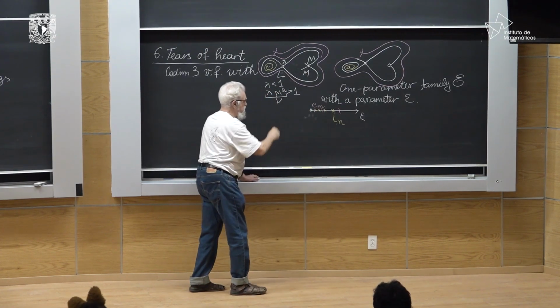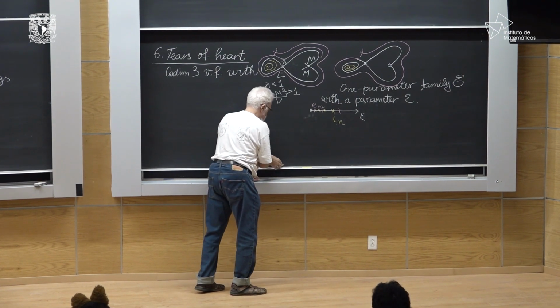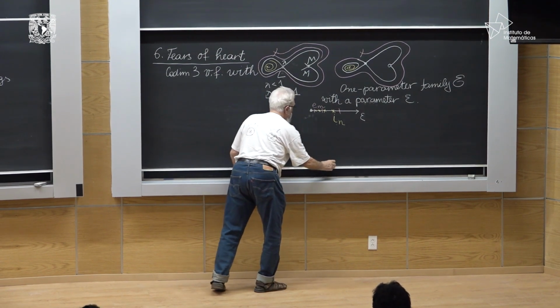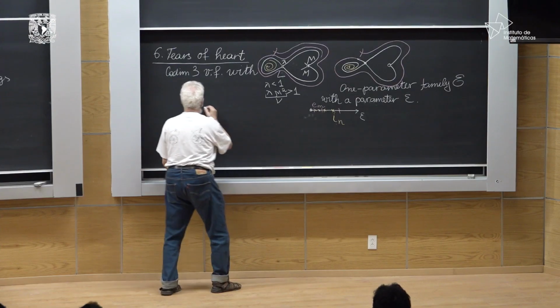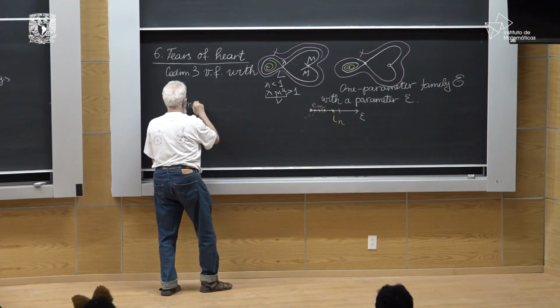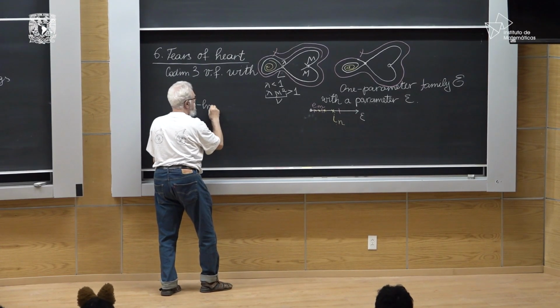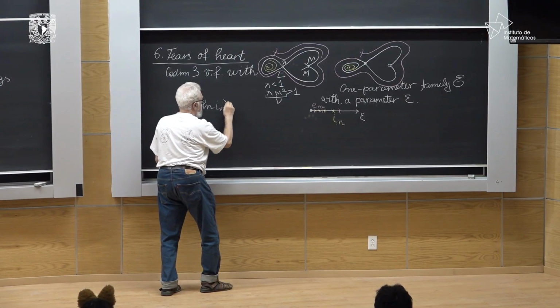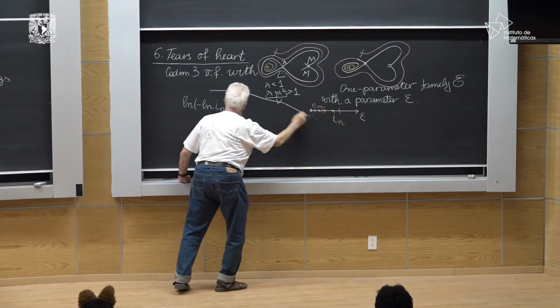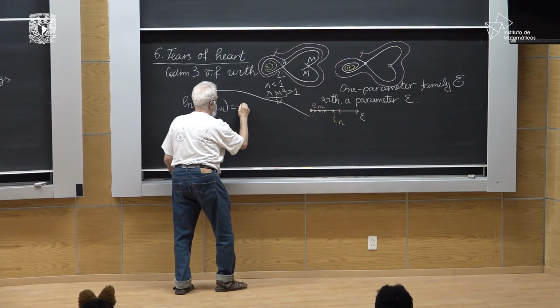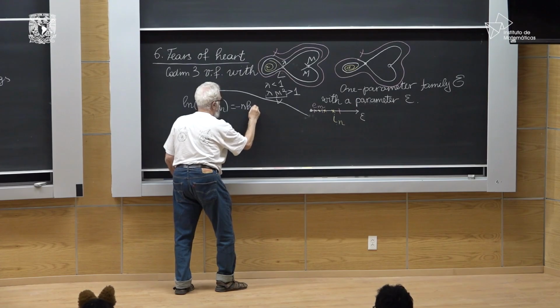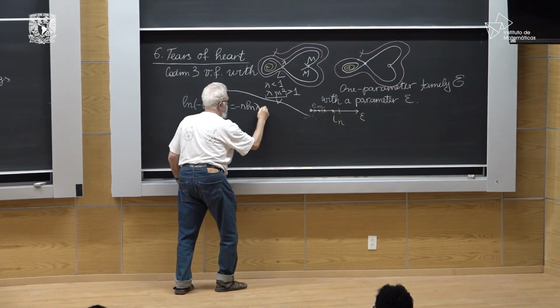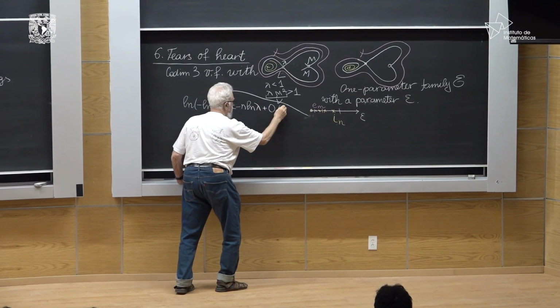And as I have written before, the double logarithm of I N equals negative n log lambda plus O large of 1.